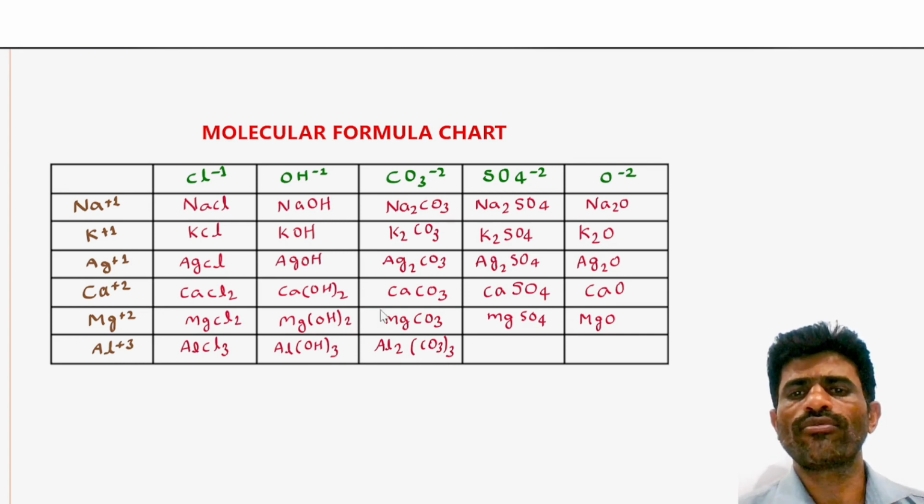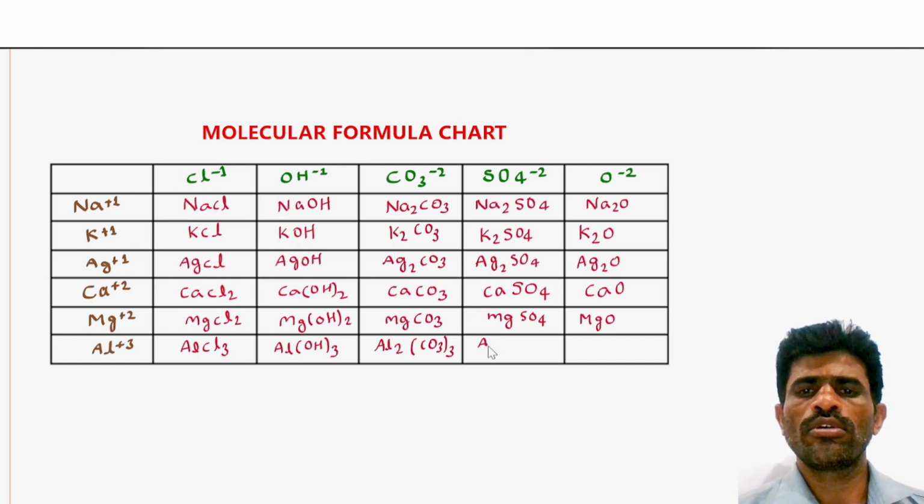Similarly, now you have to guess what will be the aluminium sulfate molecular formula. It is similar to carbonate, because here valencies are 2, 3, so aluminium should be multiplied by 2, Al2, SO4 should be kept in bracket, SO4 taken thrice.